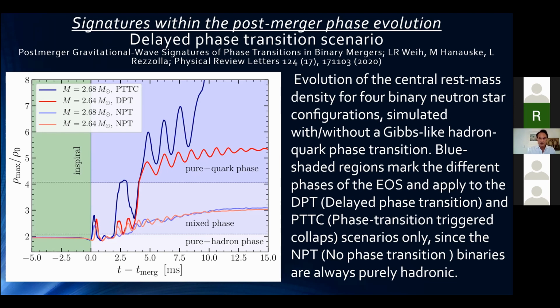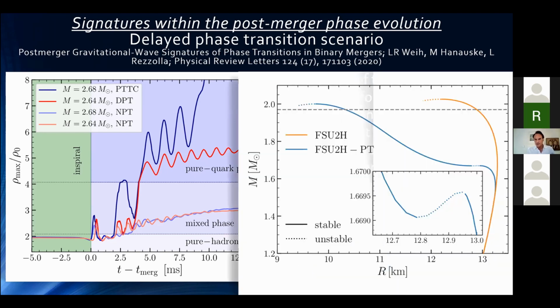We have used the following equation of state. So this was the equation of state without a phase transition. And here we have included, as I said, at roughly 2 times normal nuclear matter density, a sharp Gibbs-like phase transition. And we have a little bit of a twin star shape.